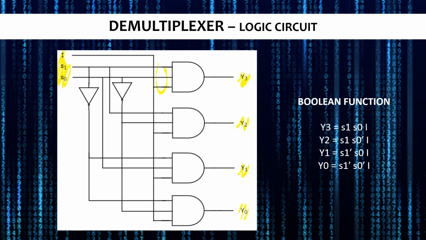These 3 inputs are the input lines for the gate. And because we know that among all the outputs only one output is possible, this becomes my final output. So this is a simple logic circuit design for the demultiplexer.